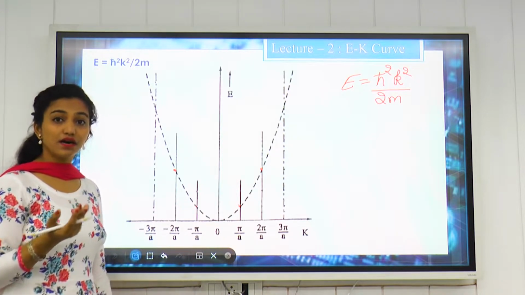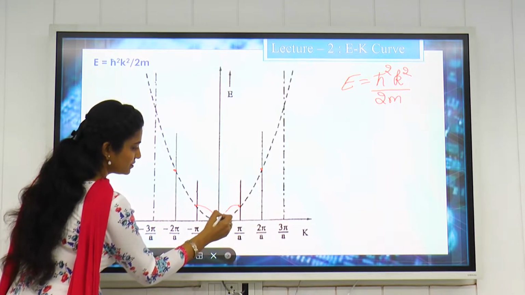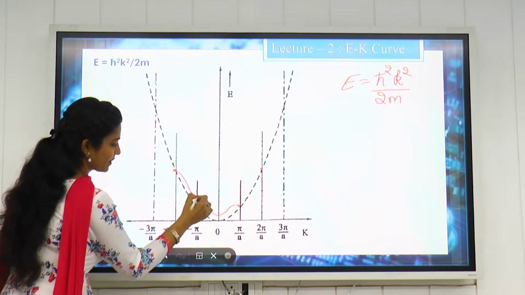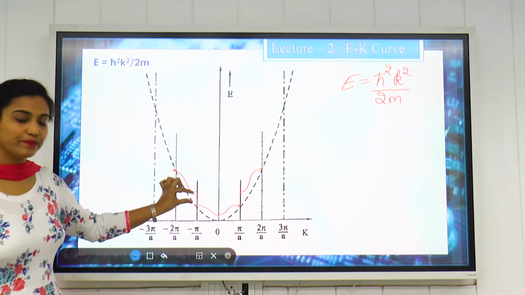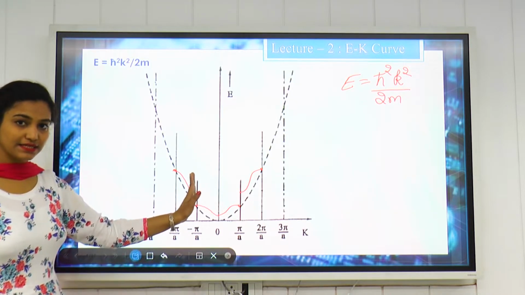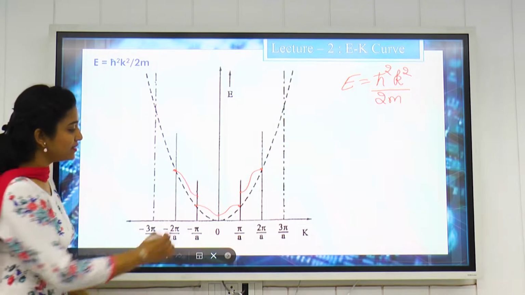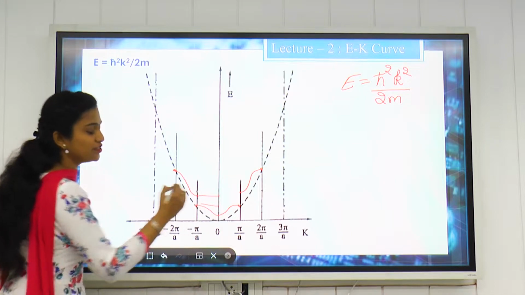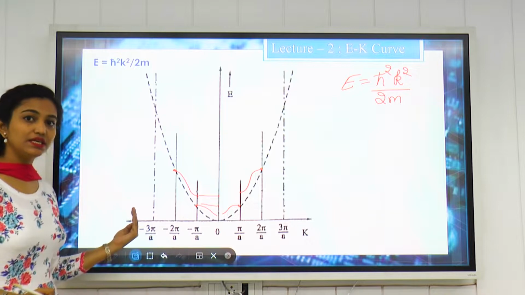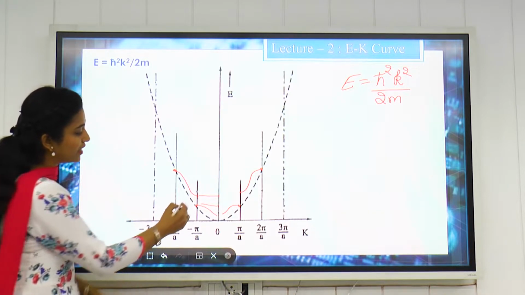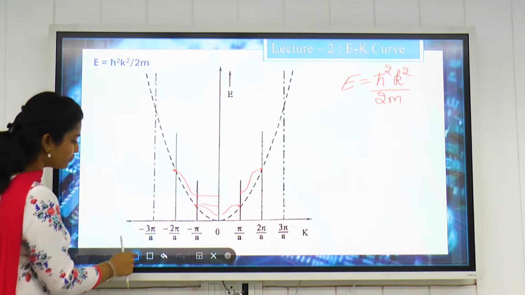So how will this curve look? There is a gap on the y-axis when K is equal to minus pi by a, a gap between the energy values. While going from 0 towards the x-axis, the value of energy jumped up, skipped up. Let us see the full diagram.